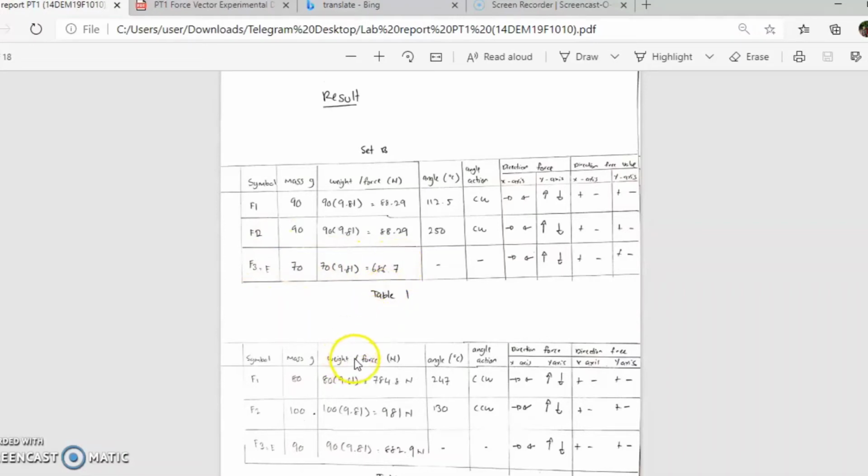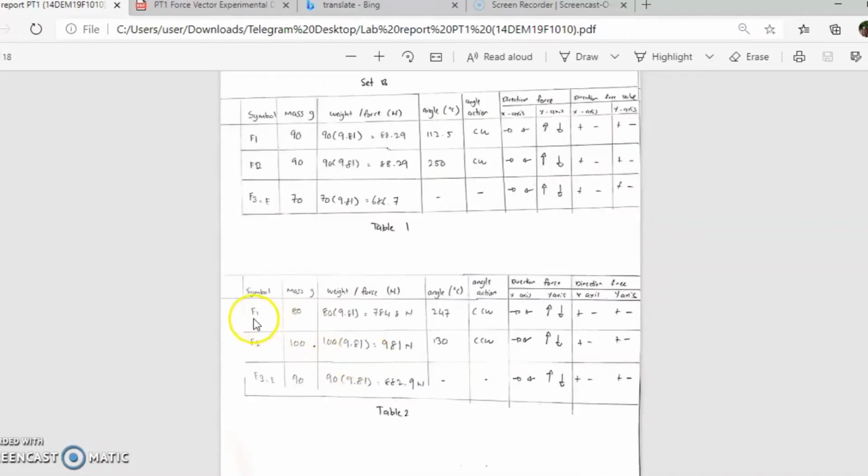Same goes to table 2. We can see the value of F1, F2 and F3.